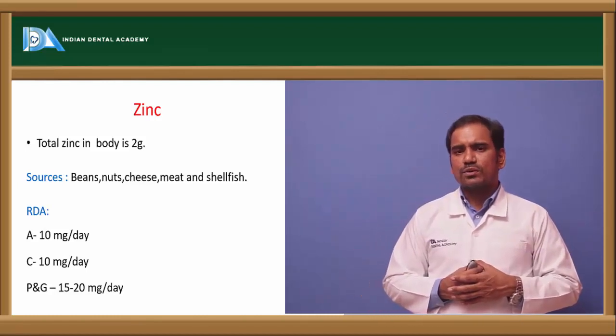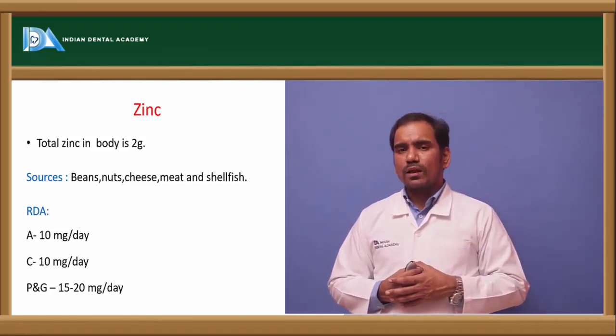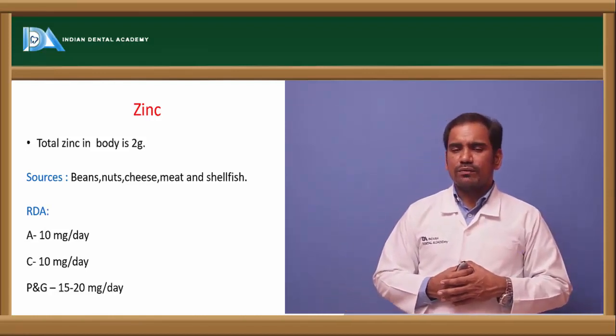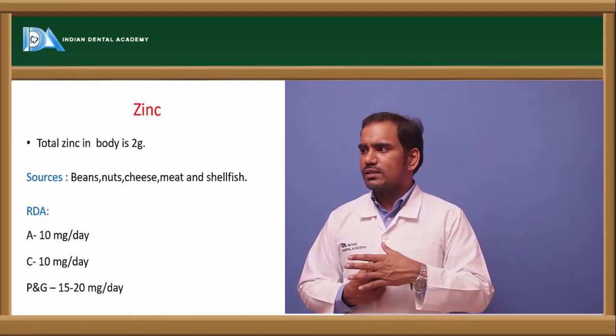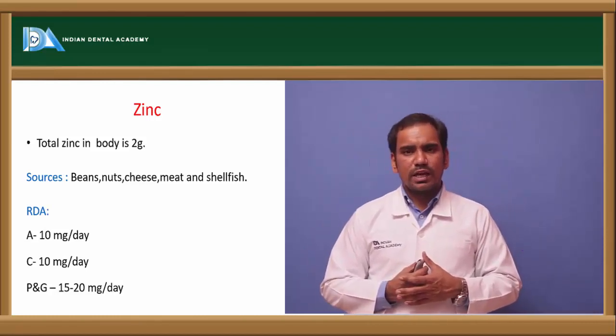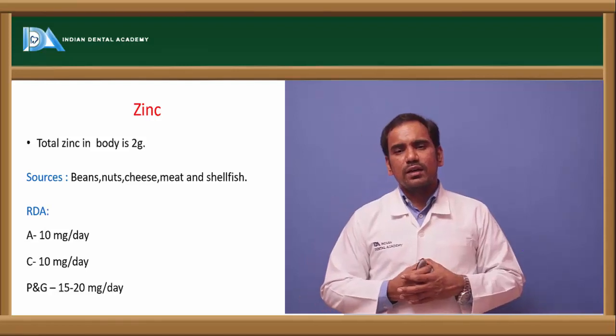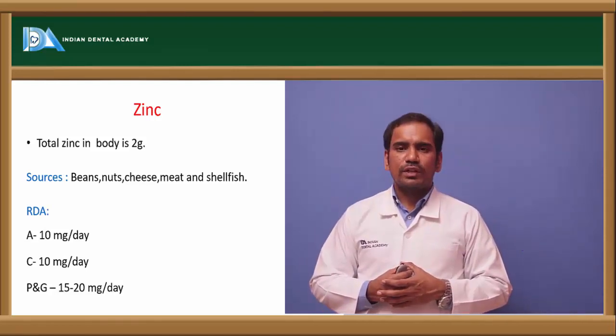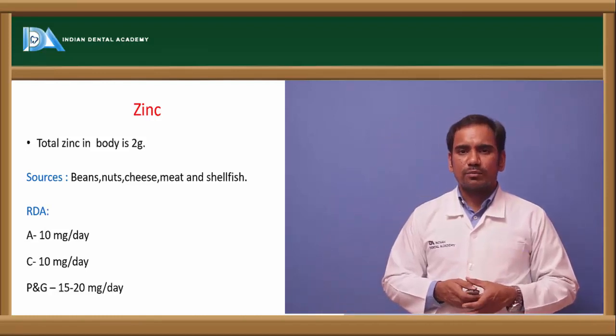These are the important sources of zinc. Coming to the RDA, the requirement of zinc per day in adults is 10 milligrams, in children it is 10 milligrams per day, and in pregnancy and lactation the requirement increases to 15 to 20 milligrams.